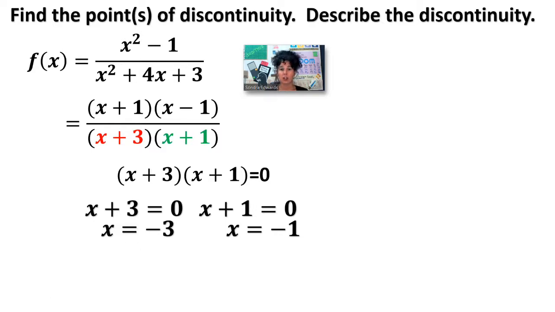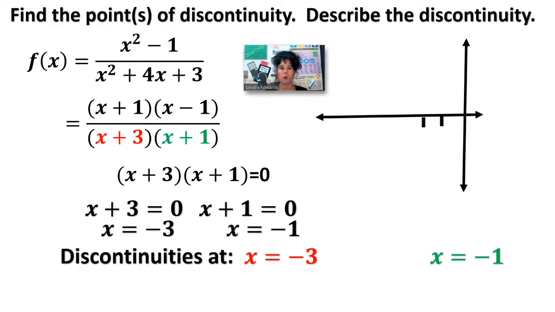So now the question is, what kind of discontinuity is x equals -3 and x equals -1? Well, notice here, the x plus 3 does not cancel with anything in the numerator. We can't remove the x plus 3.